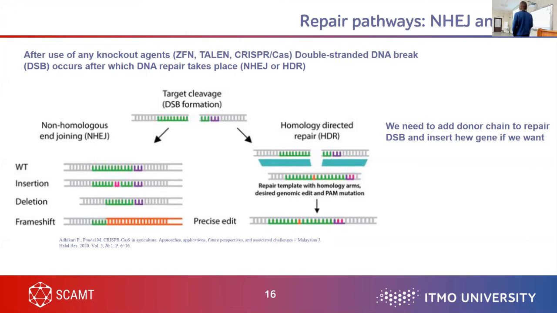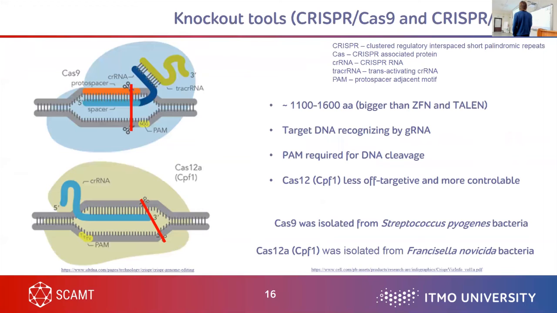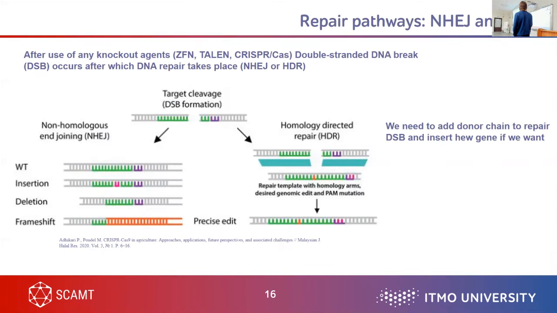So I mentioned why sticky ends are more controllable. With sticky ends, we get more chance to knock out our genes. If we have blunt ends, with higher probability we will obtain wild type DNA that will be connected to each other, and DNA will be restored, and the gene will still work.